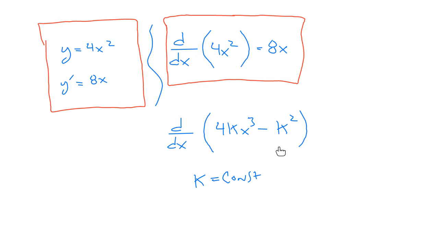So, would it be with something like this that you're having trouble working through the details of? If I show you how to approach this, okay. So let's see, 4 is a constant, k is a constant. What do the rules of derivatives say when you have a constant times some function of x?